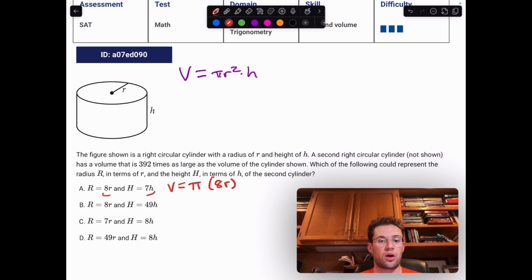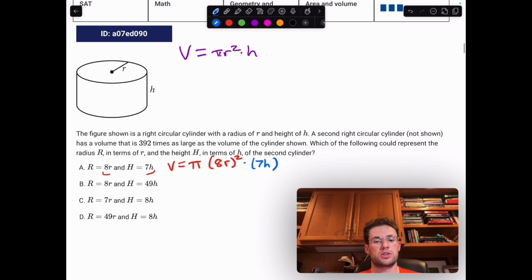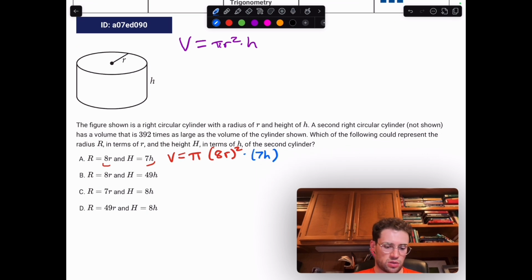So that whole 8r is going to be squared, not just the r part. And then our height is 7h, so times 7h. So this one's going to get 8 times 7 bigger, because you're multiplying it by 8 twice and you're multiplying it by 7 once. So that would give us 448. And then you'd still have all the other things, pi r squared h. We want it to be 392, so it's not going to be that.